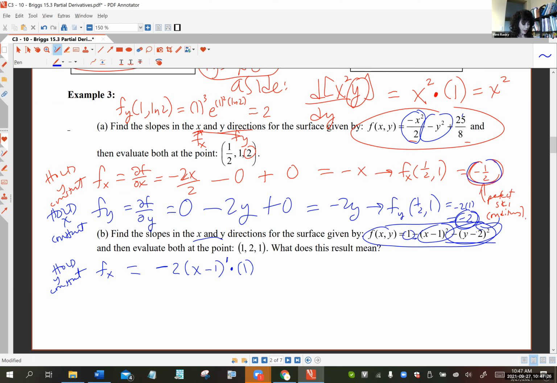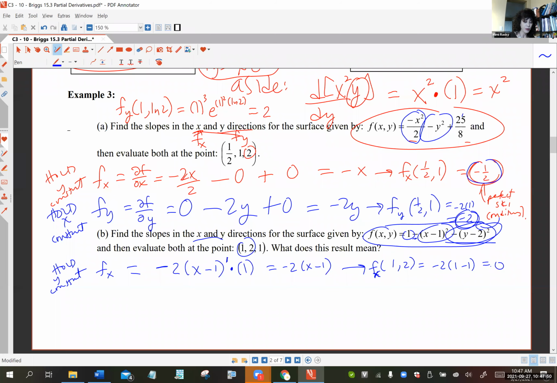So we're done. If I clean it up a little bit, it looks like negative 2 times the quantity x minus 1. If we evaluate this partial derivative with respect to x at the point with coordinates 1, 2, we just plug in x equals 1 since we don't have any y's, and I get 0. Can we have a slope be 0?